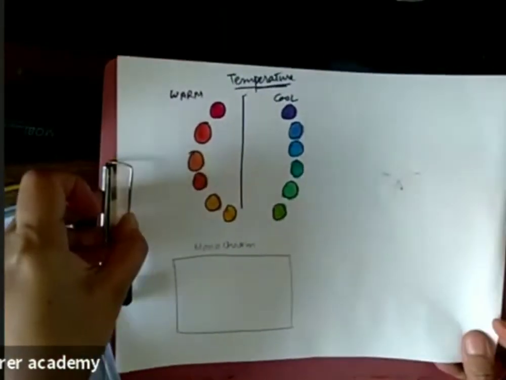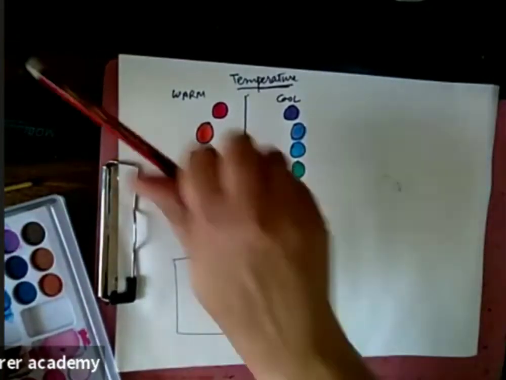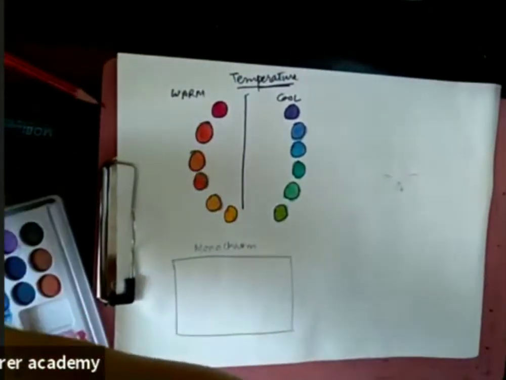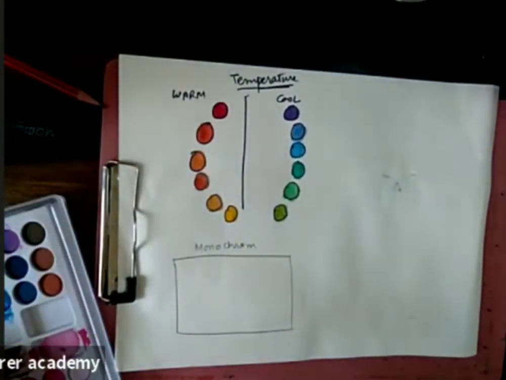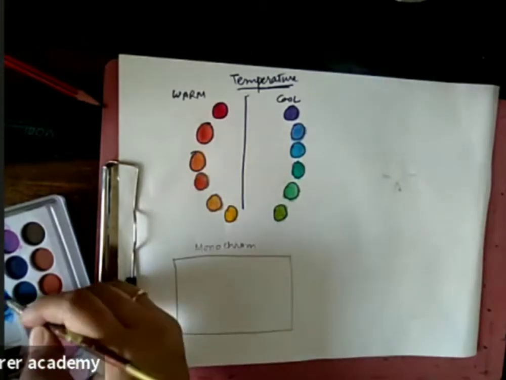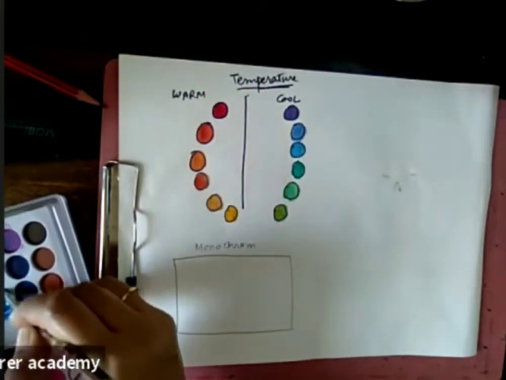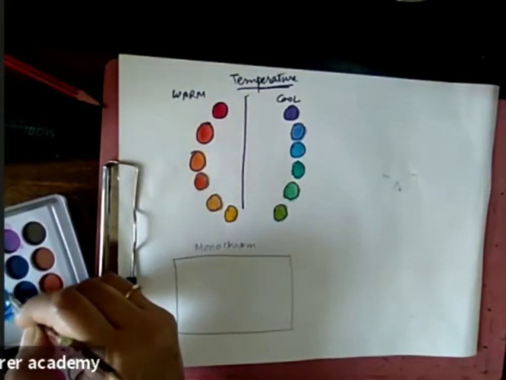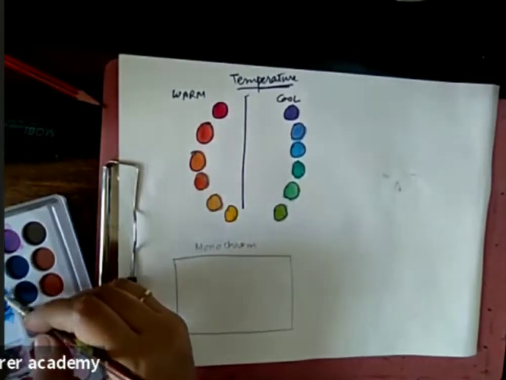Okay. And you just keep adding white to it. So let's say if I take blue color. Okay, so you can just keep diluting it also.